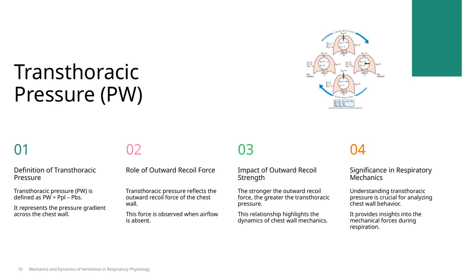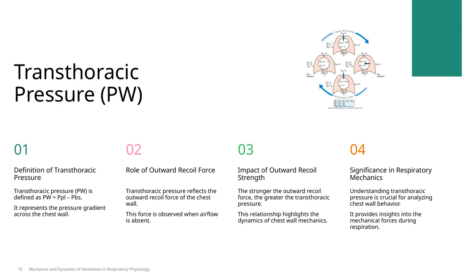This essentially tells us about the pressure gradient across the chest wall, which is crucial for understanding how the chest moves during respiration. The strength of this outward recoil force directly impacts the magnitude of transthoracic pressure. The stronger the recoil, the greater the PW. This relationship highlights how vital chest wall mechanics are in the broader context of respiratory physiology.